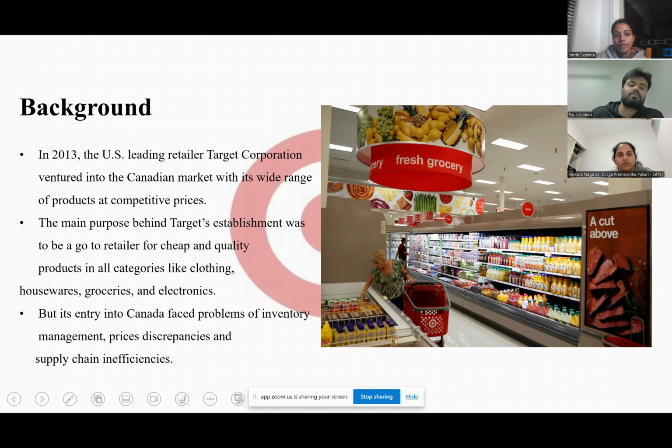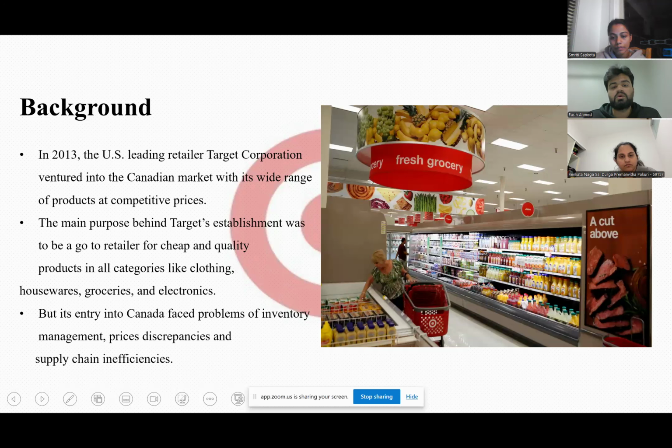In 2013, the U.S. leading retailer Target Corporation ventured into the Canadian market with its wide range of products at competitive prices. The company considered its entry into Canada an opportunity for expansion, as a market that was already familiar with U.S. retail brands.